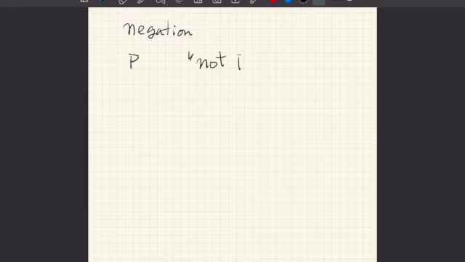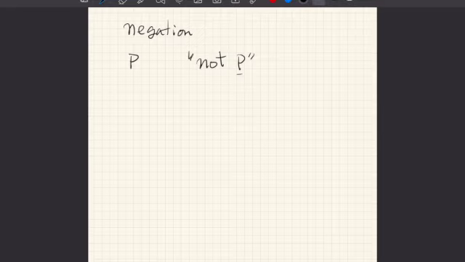Yet another operation on propositions is negation. That means if P is a proposition, the negation of this is not P. So it's a negation of this proposition.